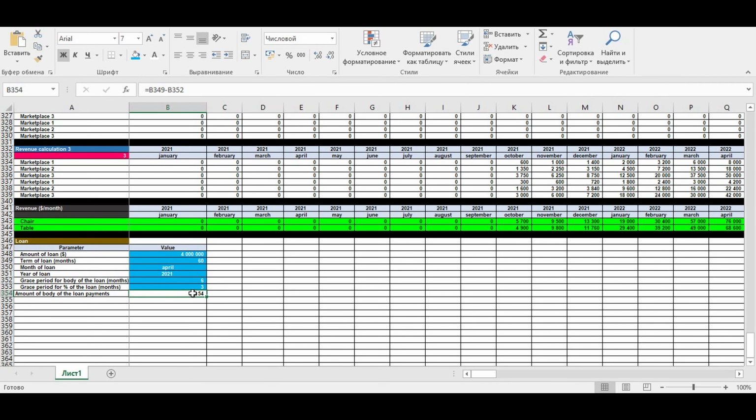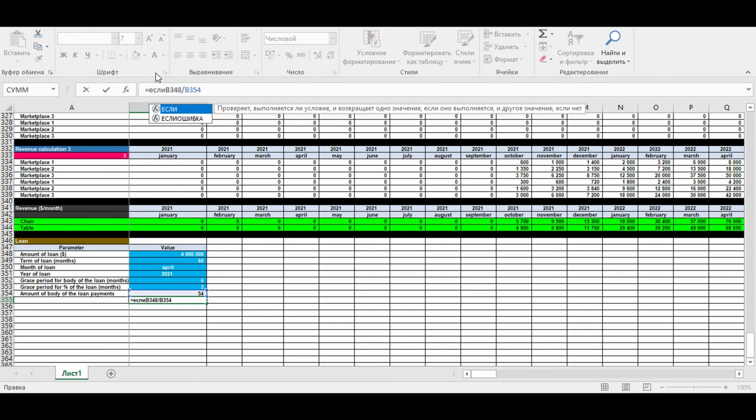So we have 54 payments of the body of the loan, and the payment will be calculated with this IF formula.